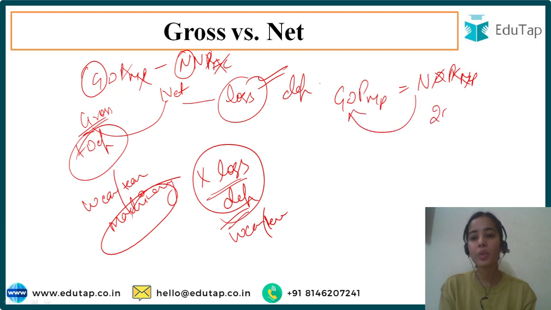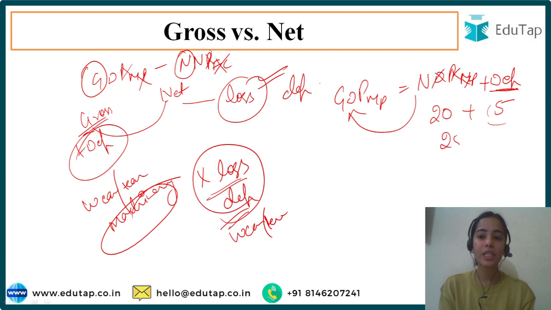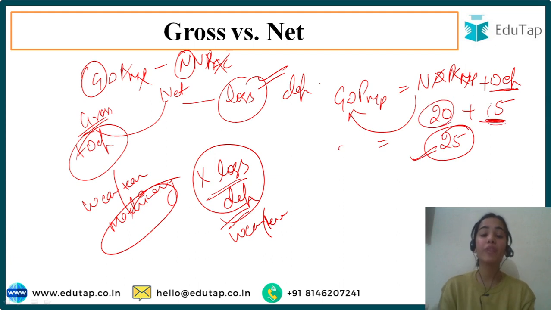So NDP MP is 20 rupees and the depreciation, the wear and tear of the machinery, is 5. So we are saying that the total production is 25, while actually the total production is only 20. This 5 is the loss, the wear and tear that the machinery has suffered.